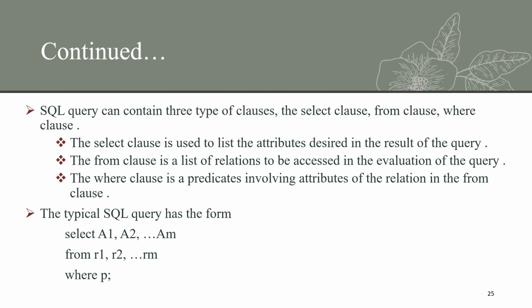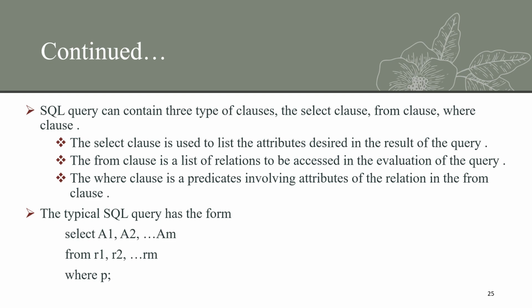The select clause is used to list the attributes desired in the result of a query. The from clause is a list of relations to be accessed in the evaluation of the query. A typical SQL query has the form select A1, A2, etc., An from.